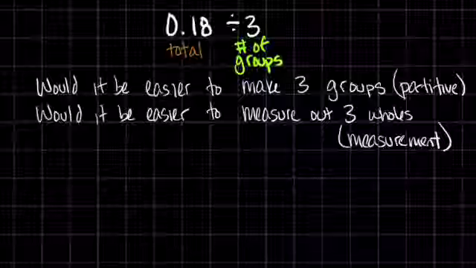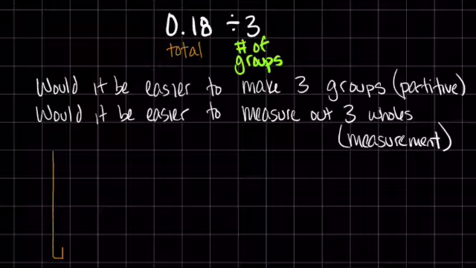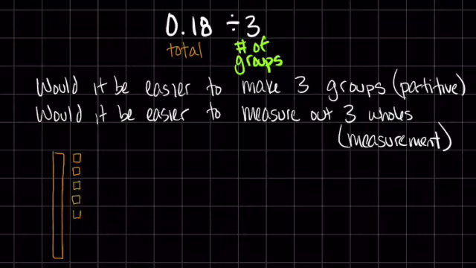My total is 1800, so that is 1 long and 8 units. And as I mentioned, I'm going to use partitive division because it is easier to make 3 whole groups.